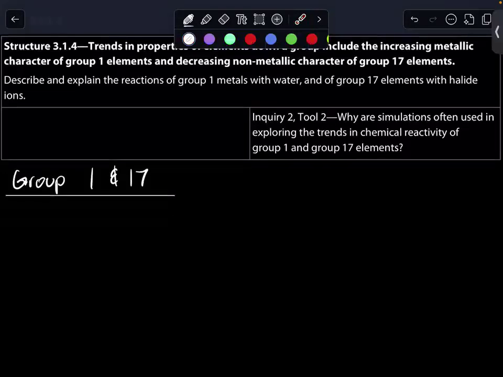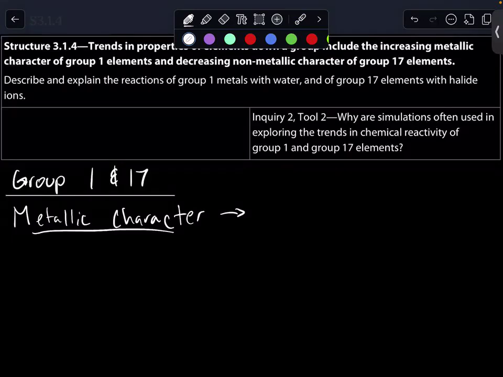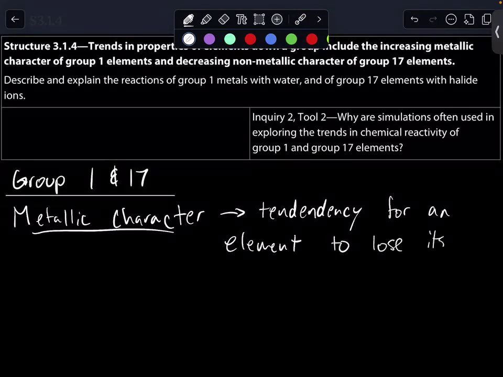So before we really get started in group 1 and 17, we have to talk about what metallic character is. Metallic character is, like it sounds, the ability to act like a metal. So what is it to be a metal? When we look at metallic character, the specific thing we're looking at is the tendency for an element to lose its valence electron, or VE, and become a cation.